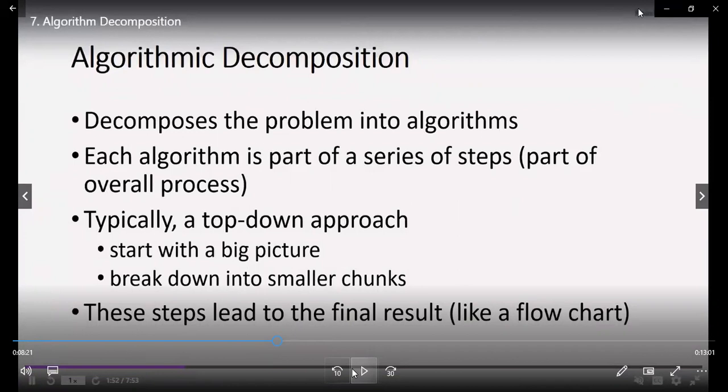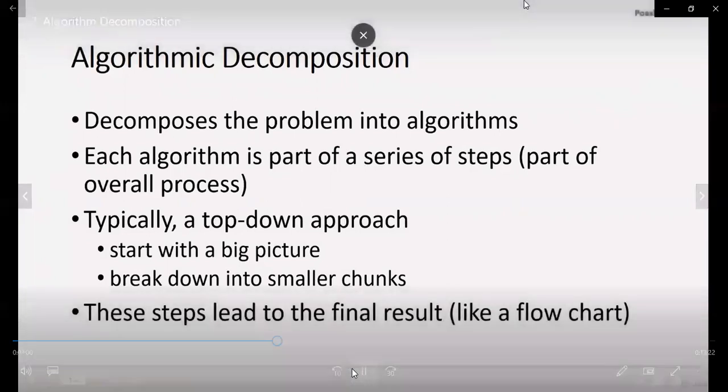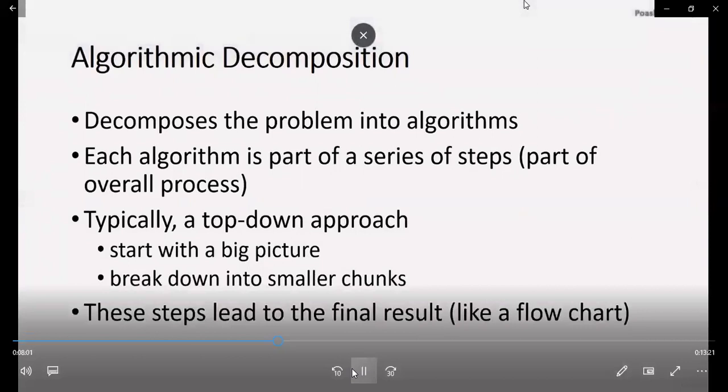It is much easier to deal with the problem in smaller chunks once the solutions are created for them. This leads to the final result, just like the flowchart approach. You have to consider here the number of steps, in which there is a begin and an end, and the intermediate steps solve the problem. So let's understand this with an example.